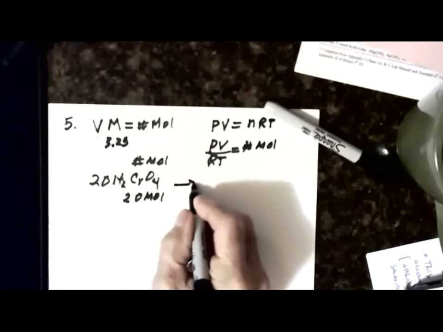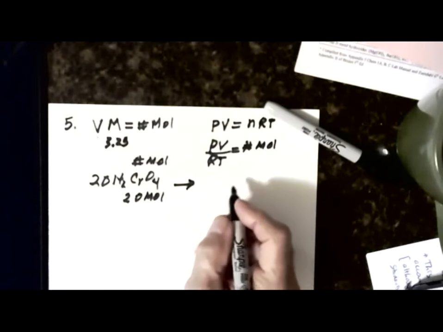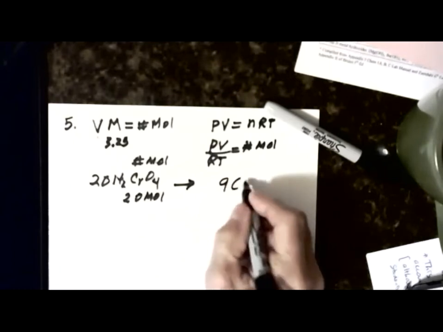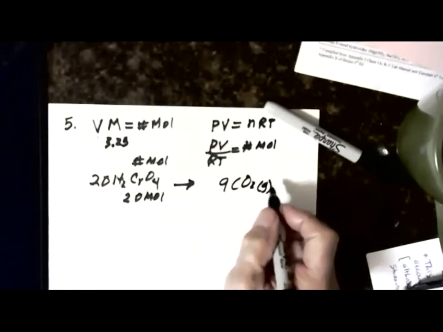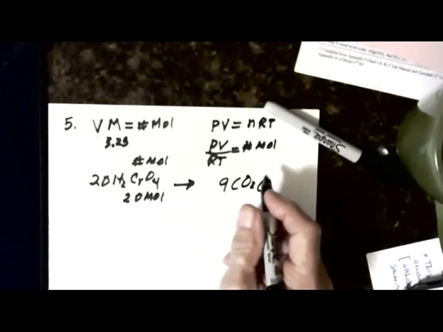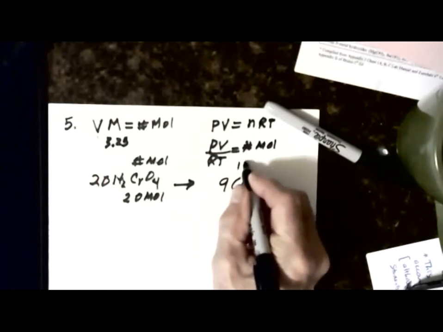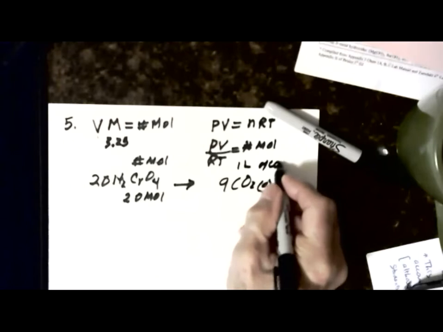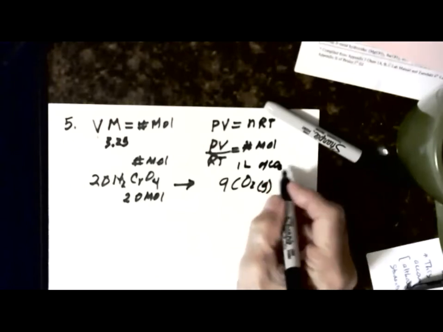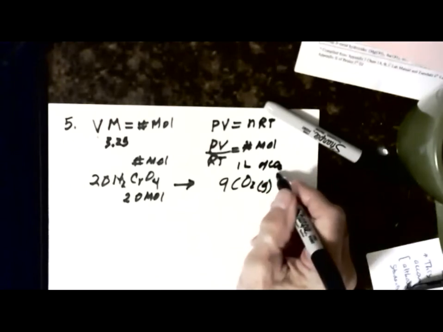Now, we're going to make CO2 gas, and there's 9 CO2 gases involved in the reaction. And it wants to know, I want to make 1 liter of CO2 at 25 degrees and 735 torr.